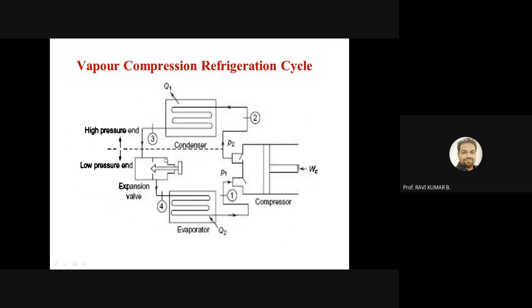Keep in mind, in the actual vapor compression cycle, we usually never use an expansion engine, because power recovery will be very small, and using an expander would not be cost effective.